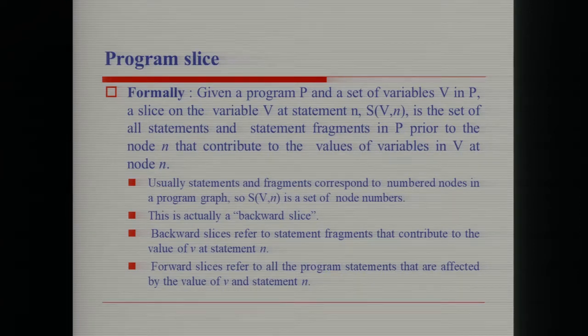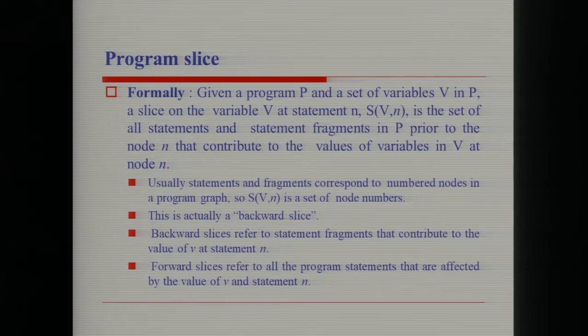Backward slices refer to the statement fragments that contribute to the values of V at statement N. Given a particular value of a variable V in a particular statement, if we backtrack all the statements that contributed to that value, it is backward slicing. Similarly, we have the concept of forward slicing.